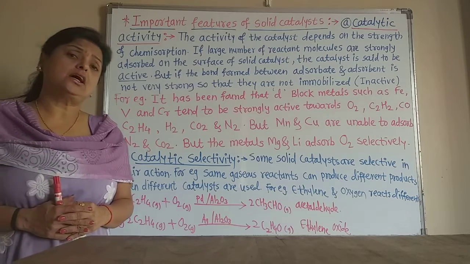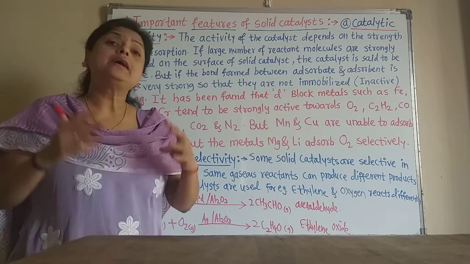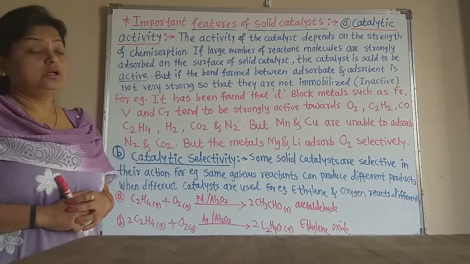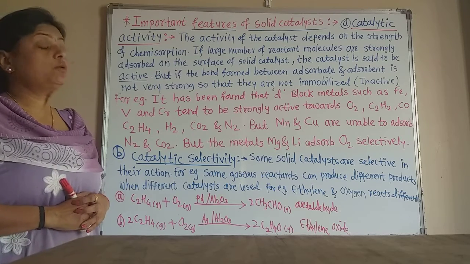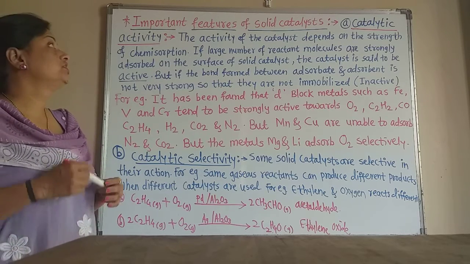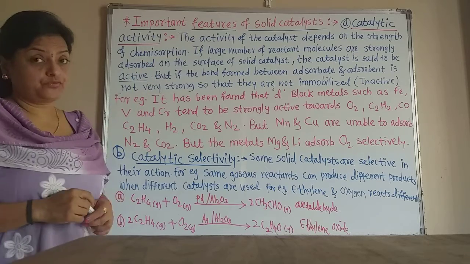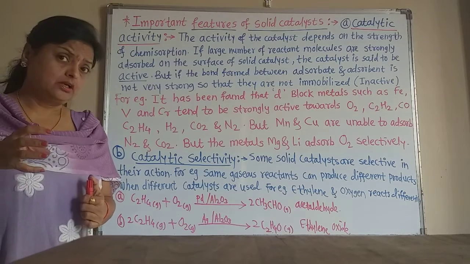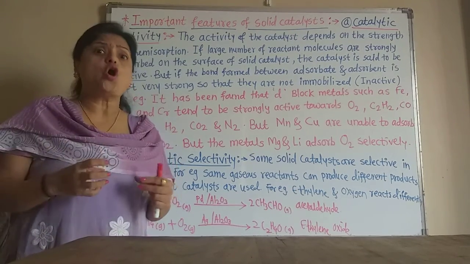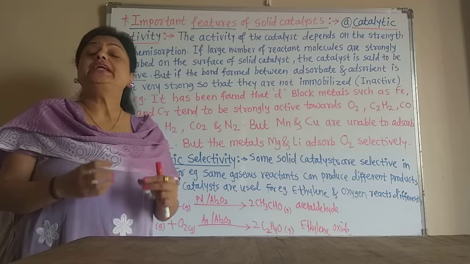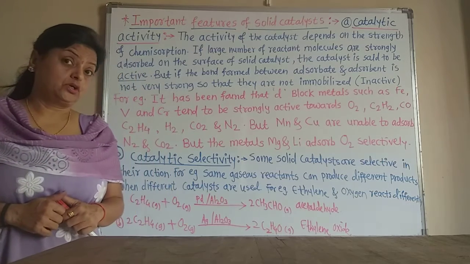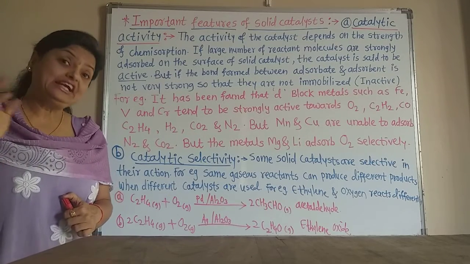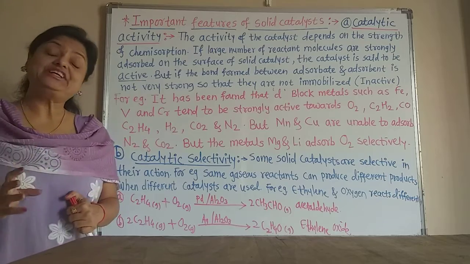This is always in the case of chemisorption, or chemical adsorption. The activity of the catalyst depends on the strength of the chemisorption: how the adsorbate gas or liquid forms a bond with the solid surface of the catalyst. Is the bond strong or weak? That determines the catalytic activity of that catalyst.